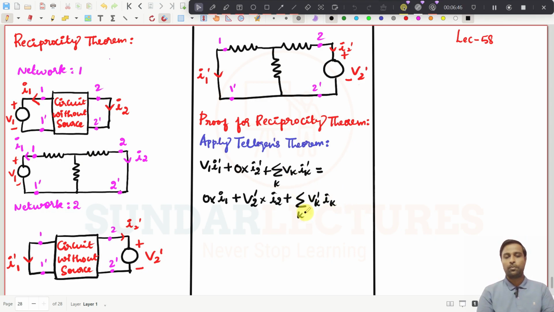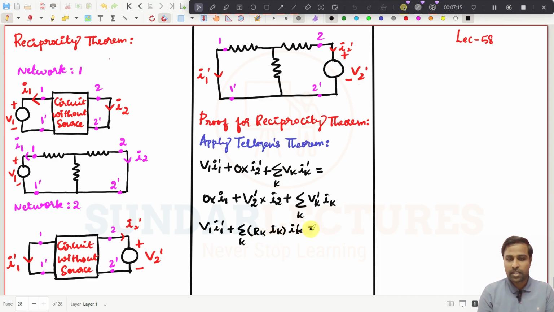So these two should be equal. Maybe I will write it down. So V1 I1 dash plus, this is 0, right? I'm not going to write this one. So it will be summation k of Rk into Ik into Ik dash. I have just broken this Vk into Rk into Ik, right?